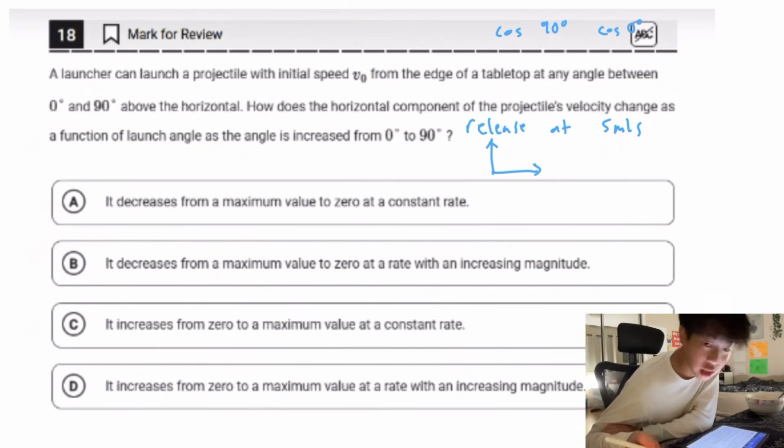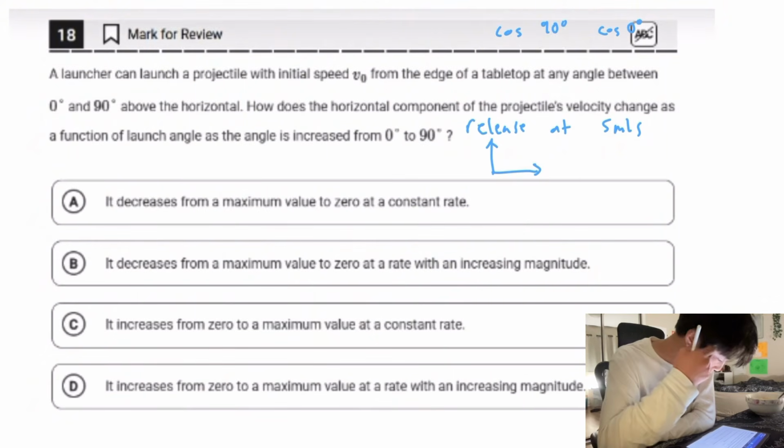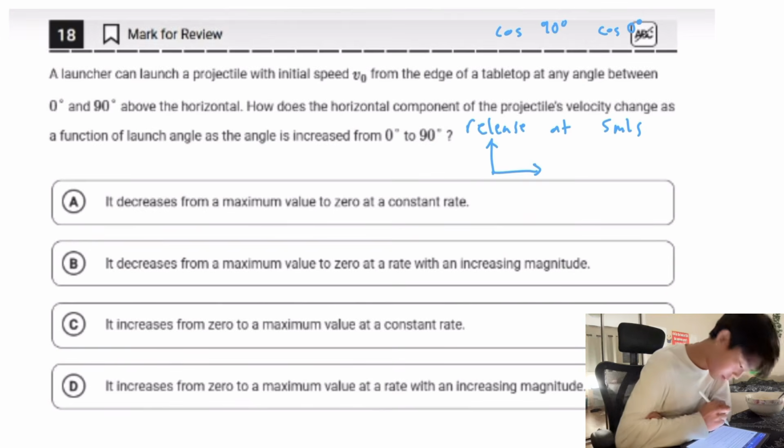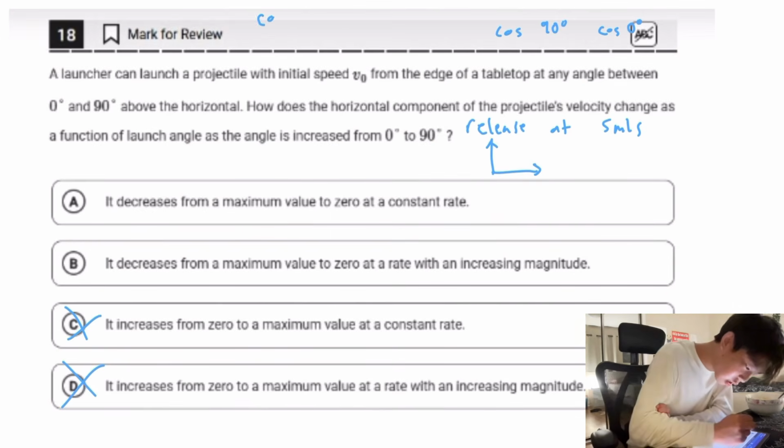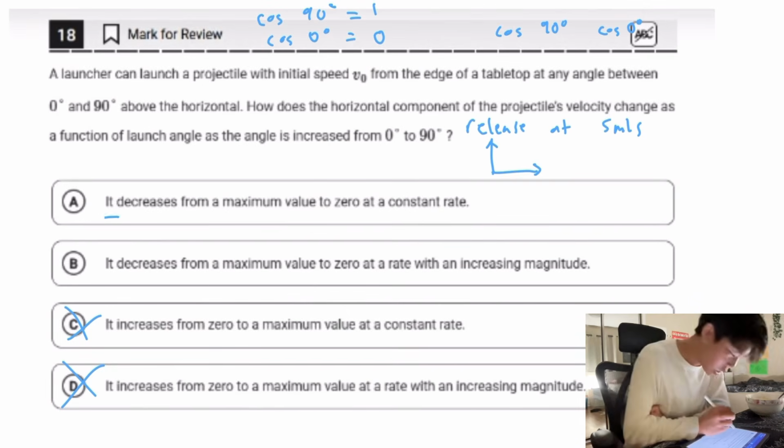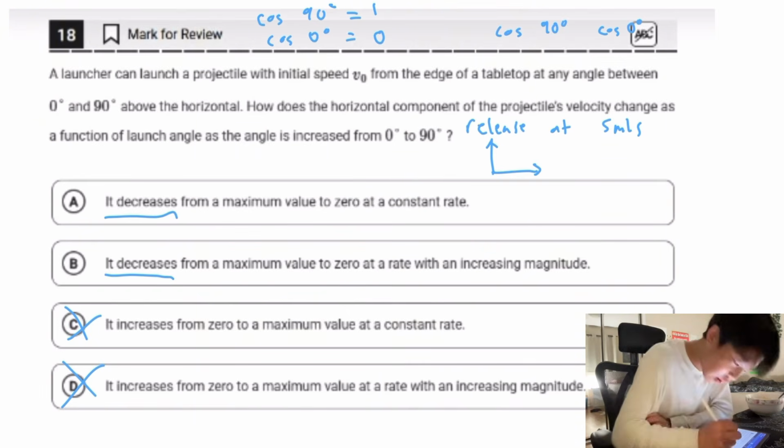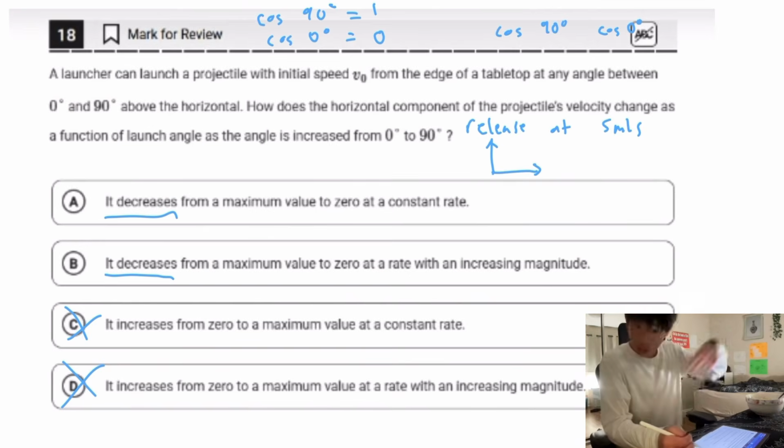It starts off at 1 and then it goes to 0, right? So it decreases, because 5 times 1 is 5, and then it goes to 0. Okay? 5 to 0 decreases.